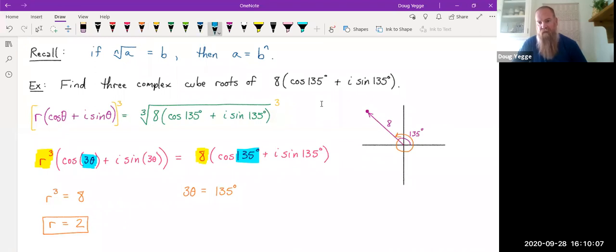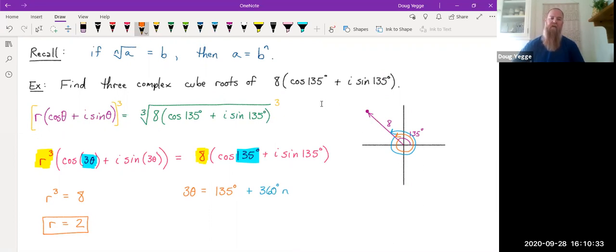And if I take another coterminal angle, that would also give me to the same exact place. And so what we can do then is realize that it's not only 3 theta is equal to 135 degrees, but it's 3 theta is equal to 135 degrees plus 360 degrees times n.